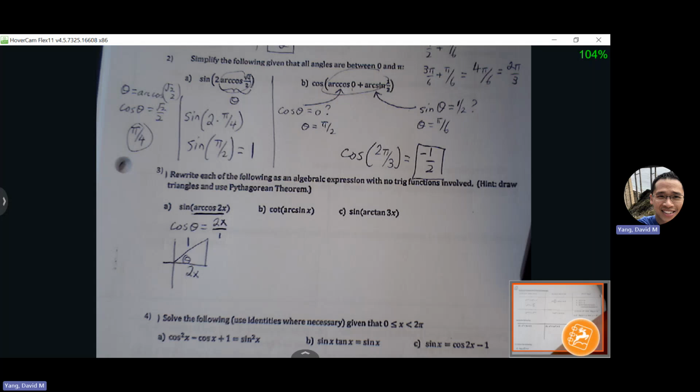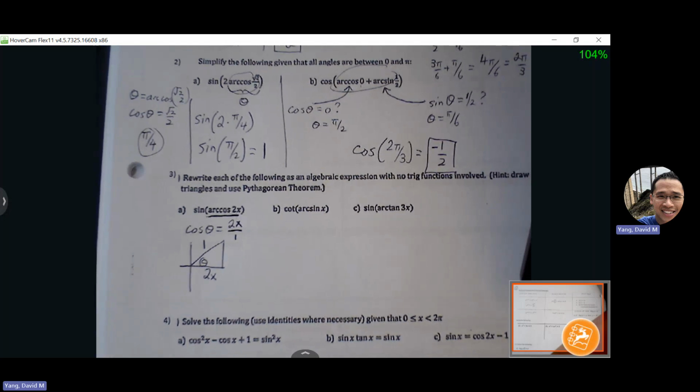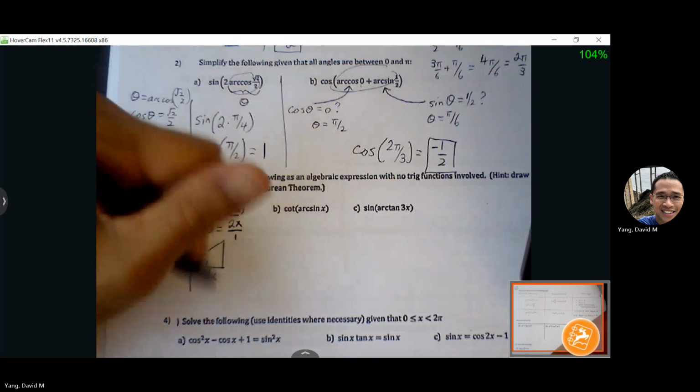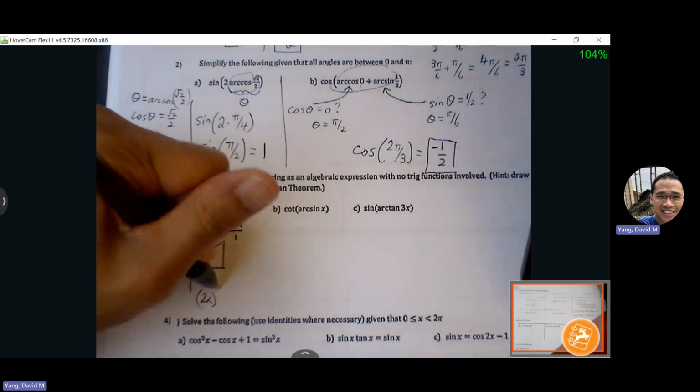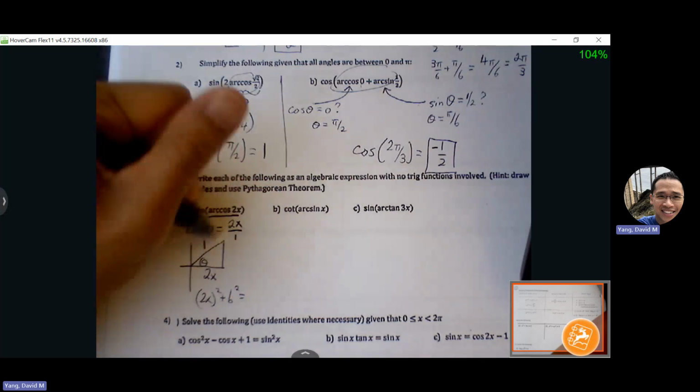What can I do to find that third missing side of my right triangle? If I have two sides of a right triangle, how can I find the third side? Pythagorean theorem, right? A squared plus b squared equals c squared. So I can say 2x quantity squared plus b squared is equal to c squared.